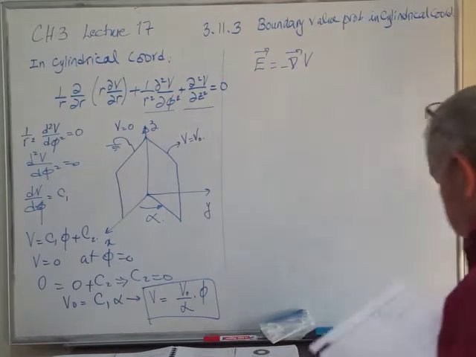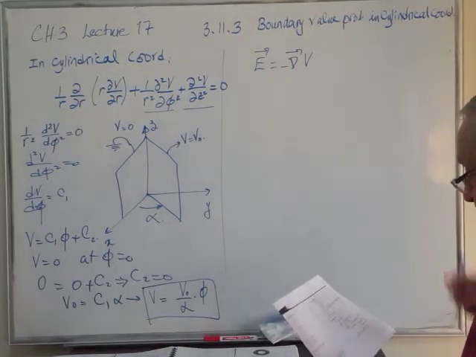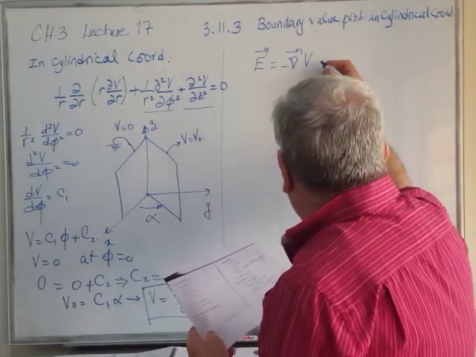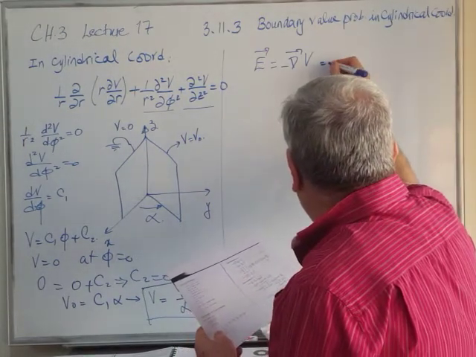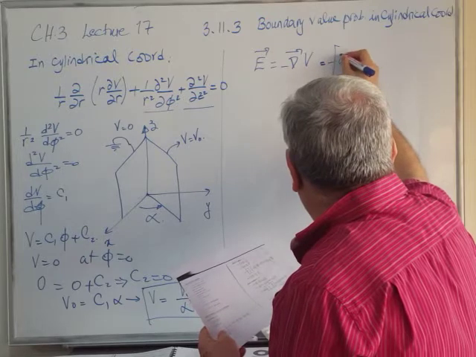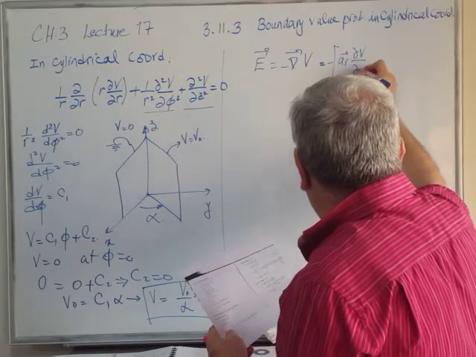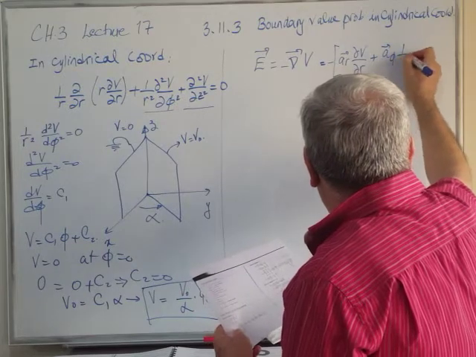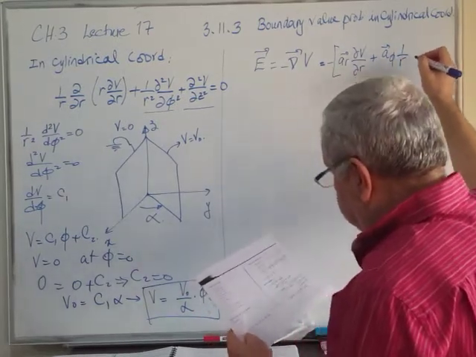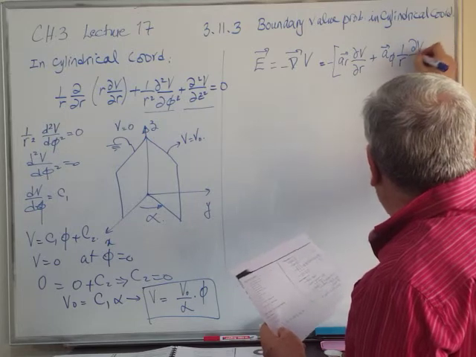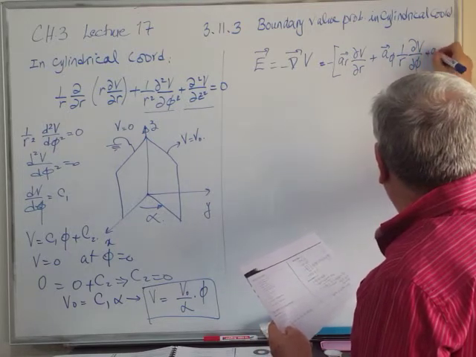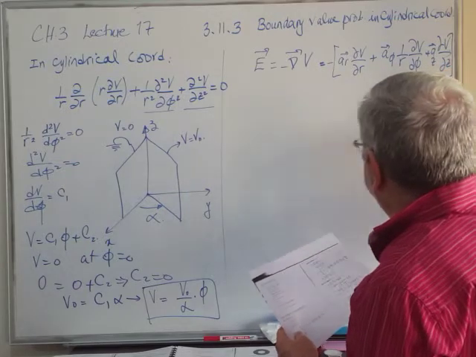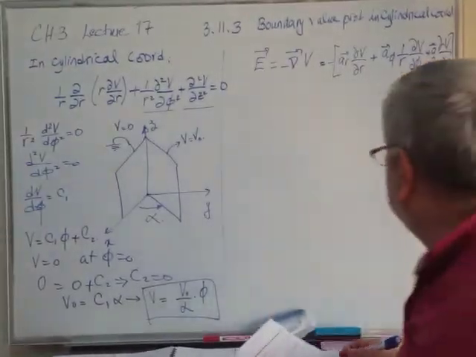In cylindrical coordinates, the gradient, with the minus sign outside, is a_R del V by del R plus a_phi times 1 over R del V by del phi plus a_Z del V by del Z.